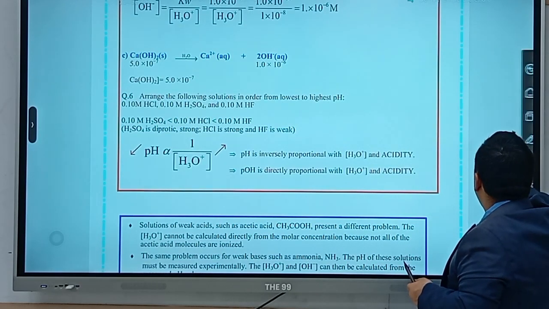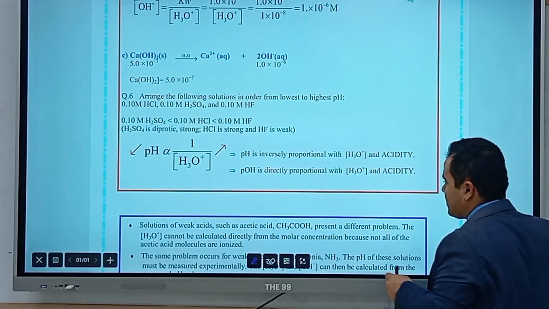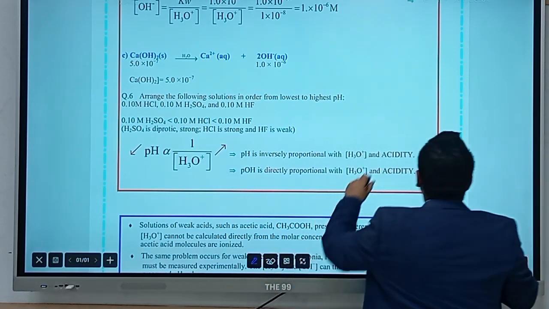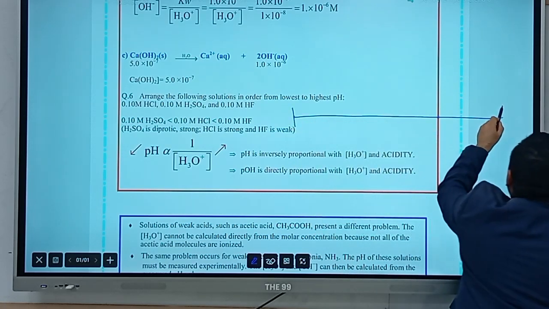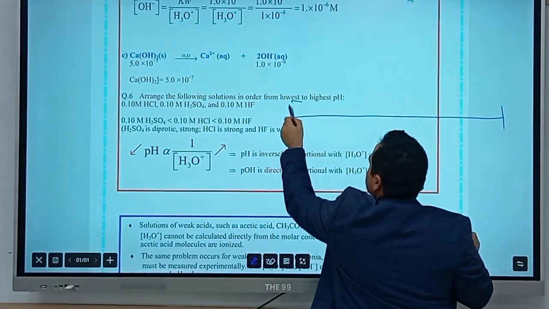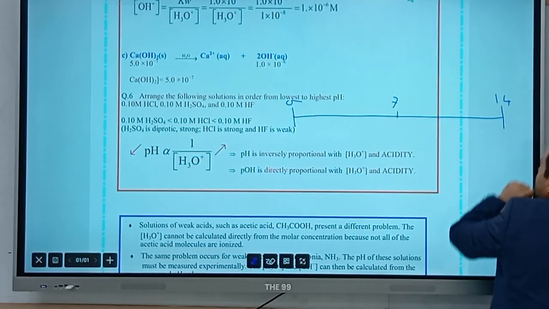For the types of questions that may be asked, let me show you a technique in order to understand on the scale 0, 7, 14.